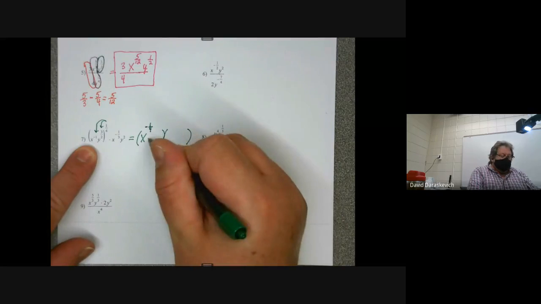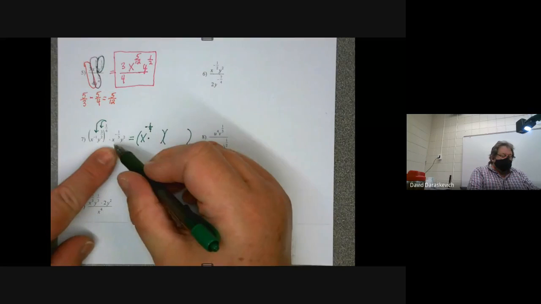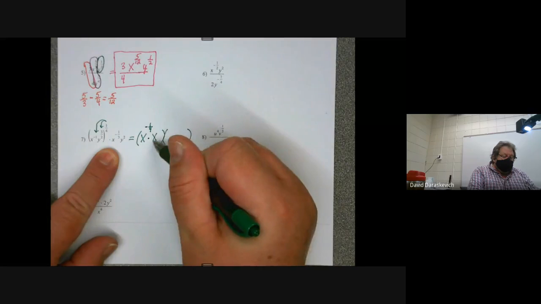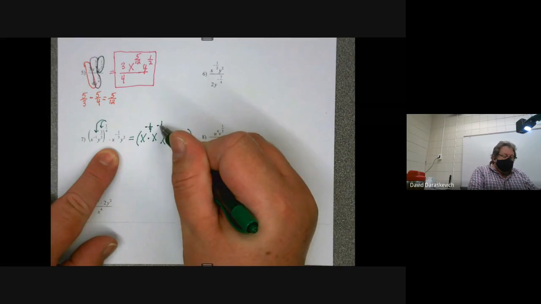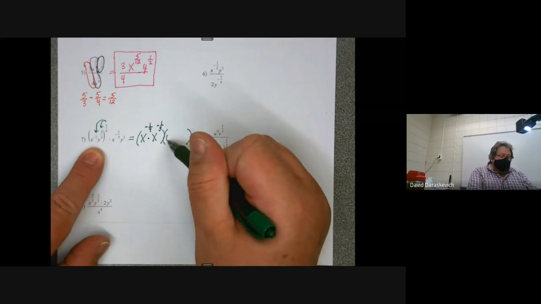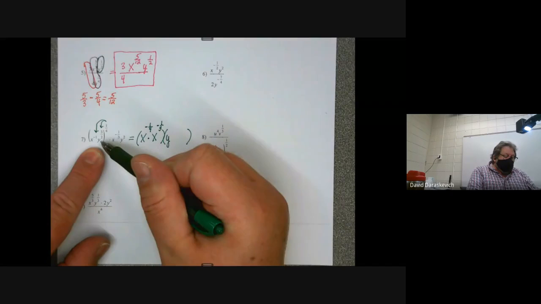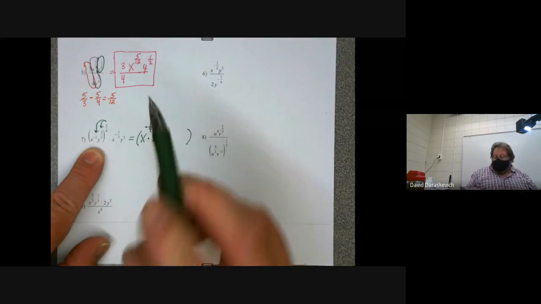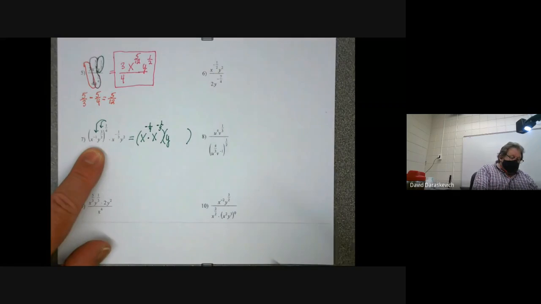Okay, times the other x, which is x to the -1/3. Okay, now I'm going to do my y's. Y to the 3/2 times 1/4. Now, this isn't too bad.